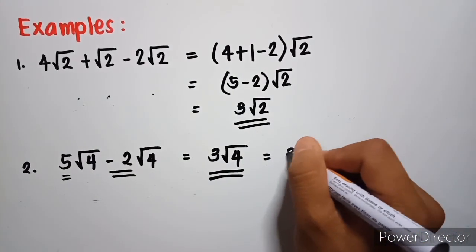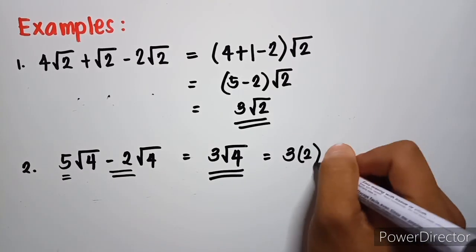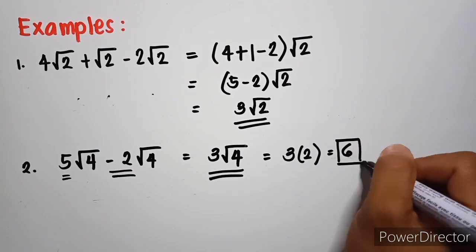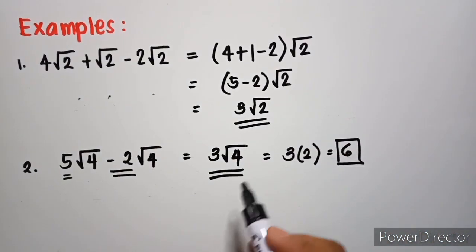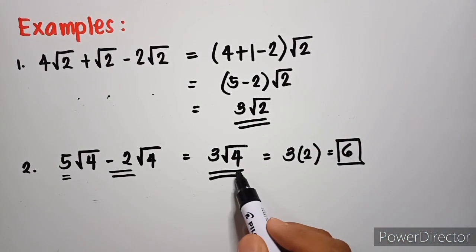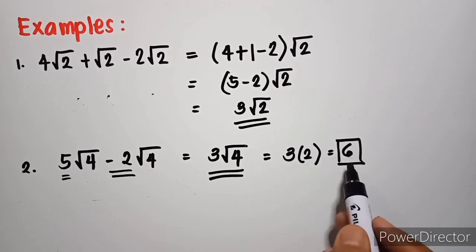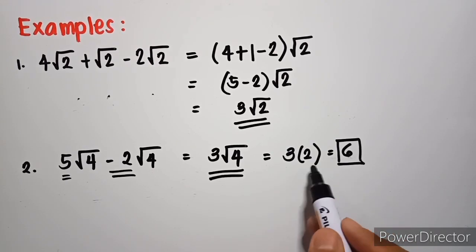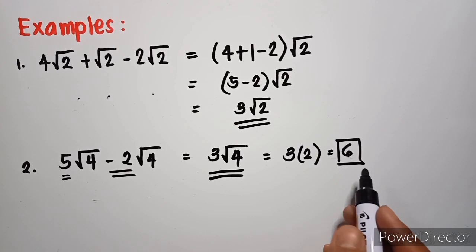So we have 3 times 2, and the answer is 6. Since our product is not in simplified form, we simplify the radicand to make it simplest.